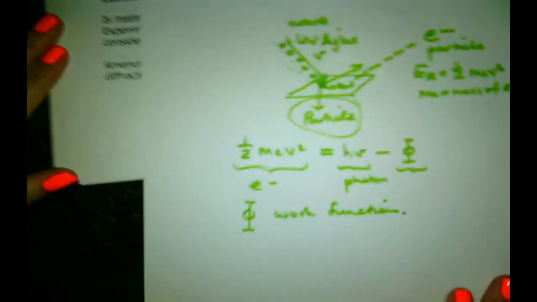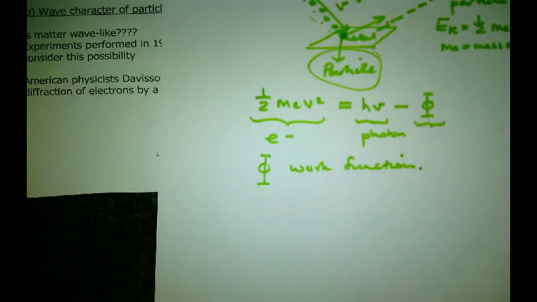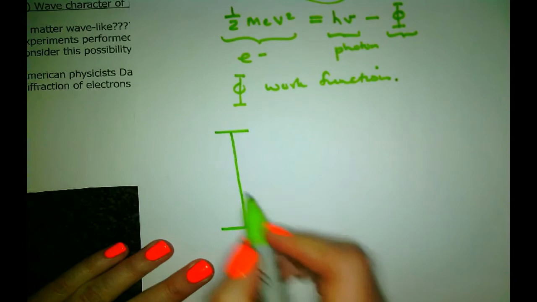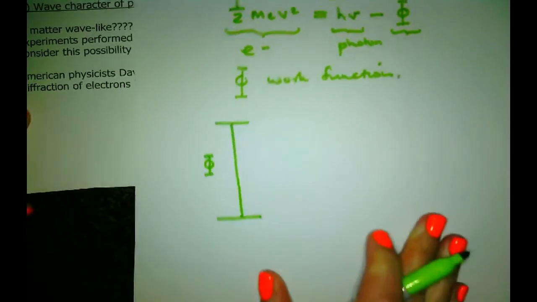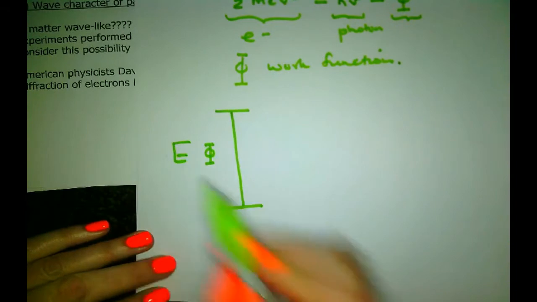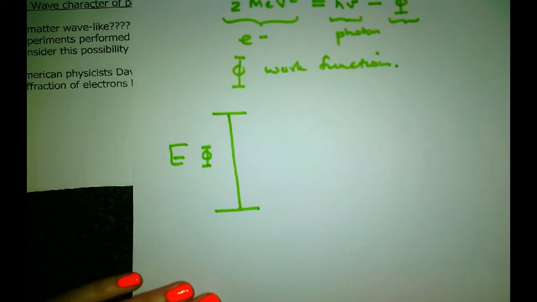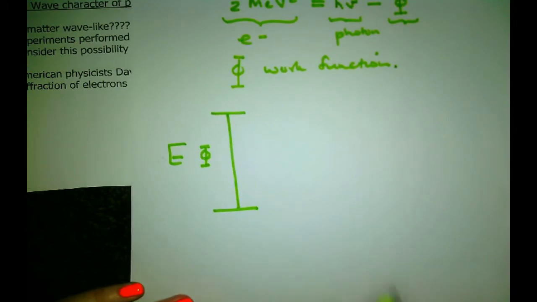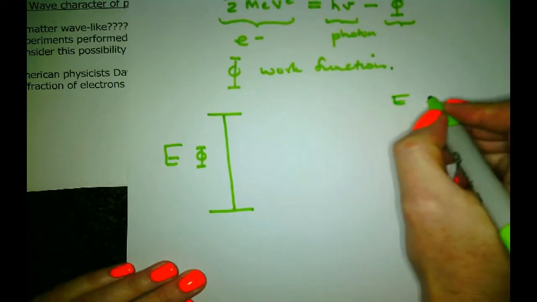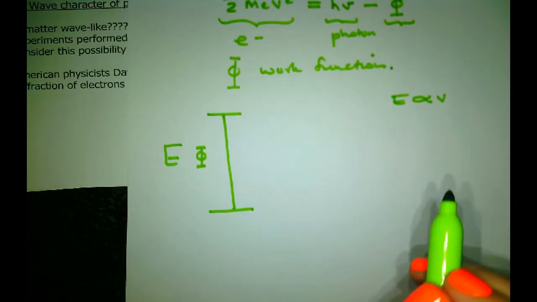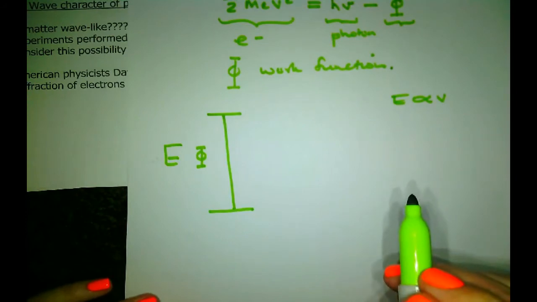Okay, so we can also then draw a figure in terms of energy. So let's say this is the work function of the metal. That is the minimum energy required to remove an electron. Now our first observation was, unless the frequency exceeds a minimum value, no electrons are ejected regardless of intensity.